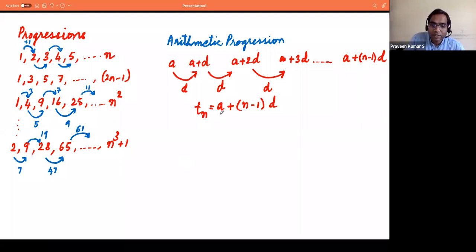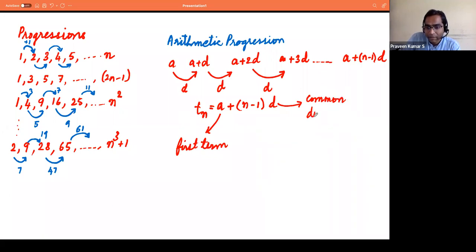So this particular A, the value A, is referred to as the first term, which is very straightforward. We know that the first term is fixed, that is A. This D is what is called the common difference. Any idea why it is called the common difference?